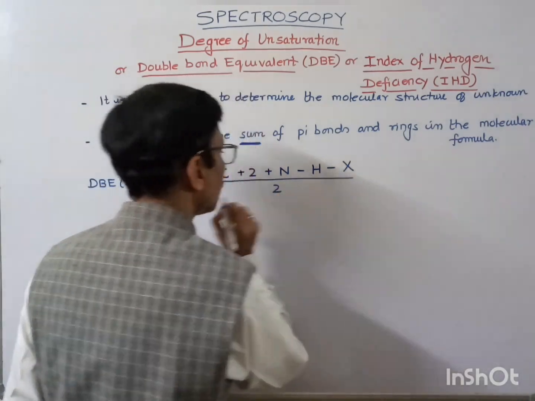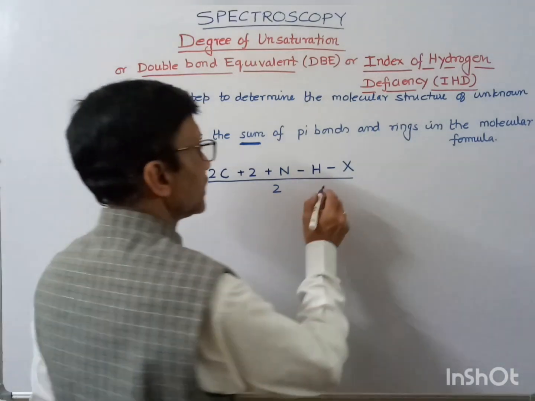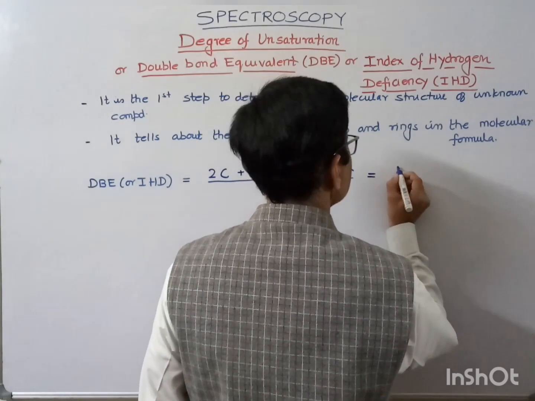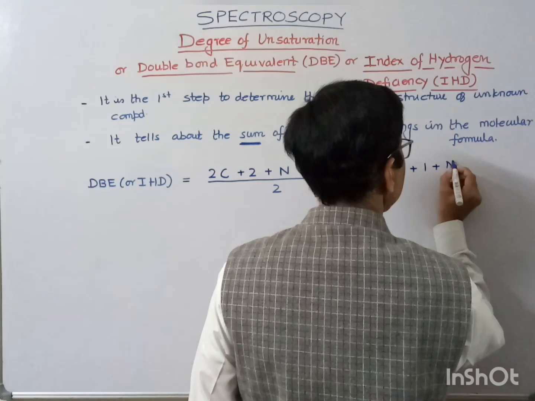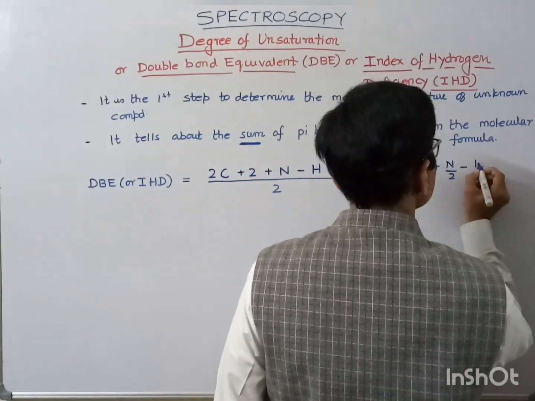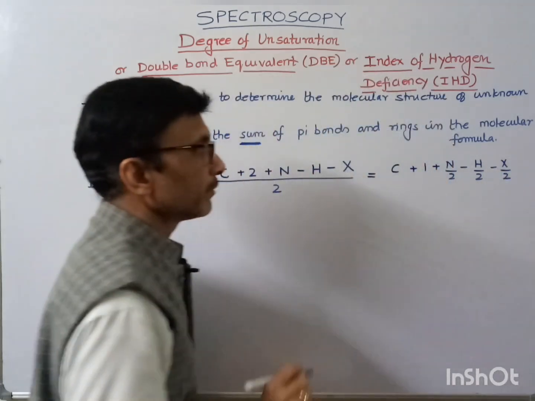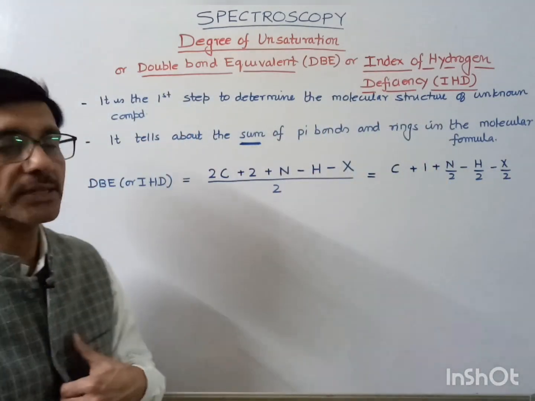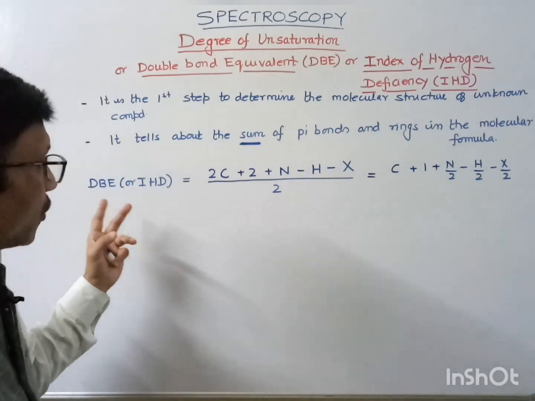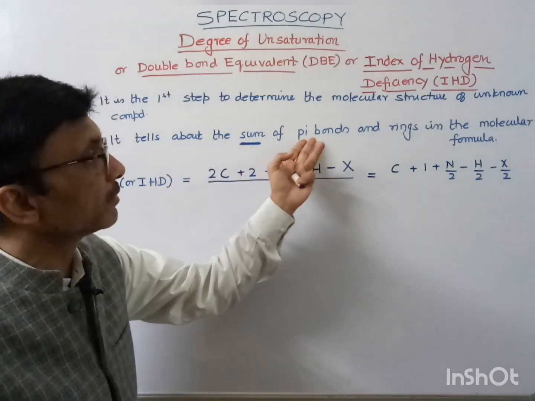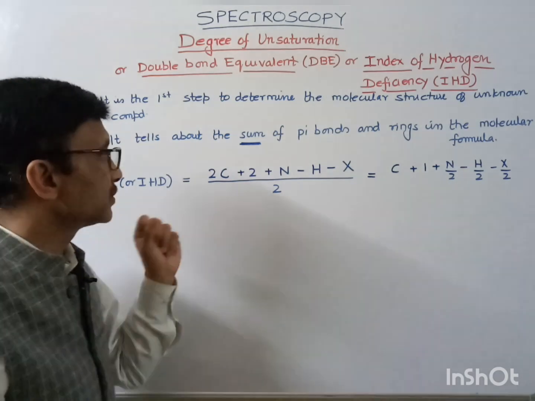We can also write it as C plus 1 plus N by 2 minus H by 2 minus X by 2. By using this formula we can determine the sum of double bonds and rings in the given molecular structure.